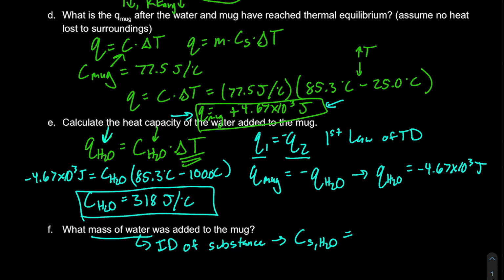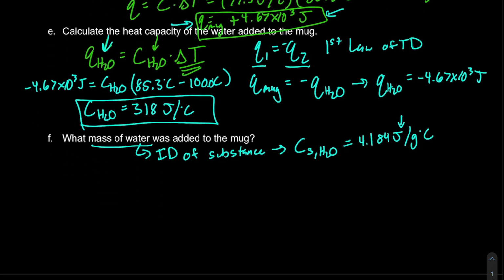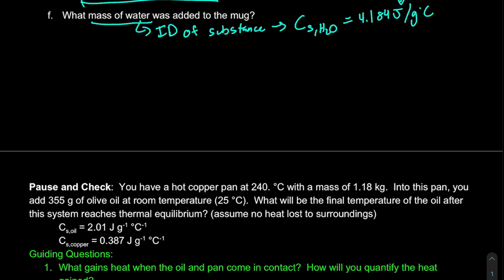So water's specific heat capacity would be 4.184 joules per gram degree Celsius. So for every 1 gram of water and every 1 degree Celsius, it takes 4.184 joules to make that change occur for that 1 gram. Now when we think, how do we connect this back to some of the information that we've already talked about? Well, let's connect these two equations that we have here.